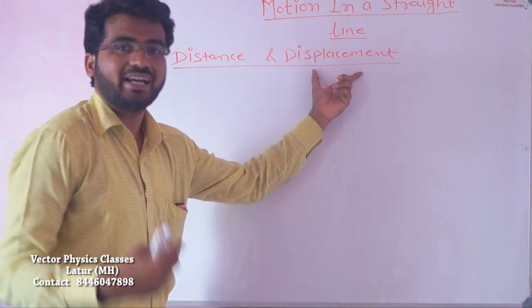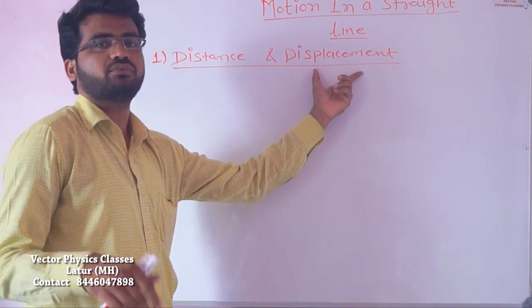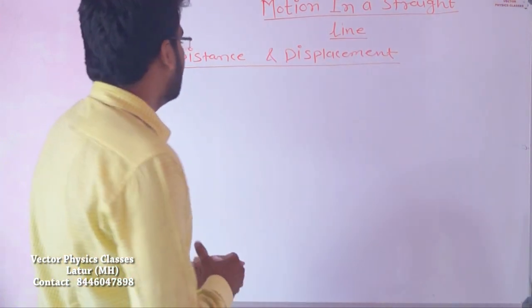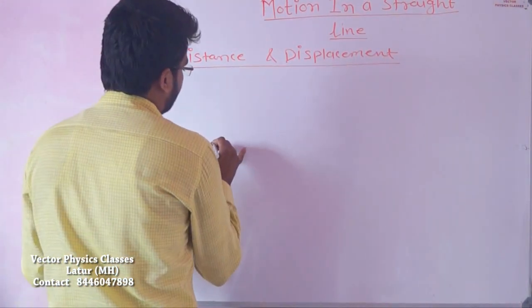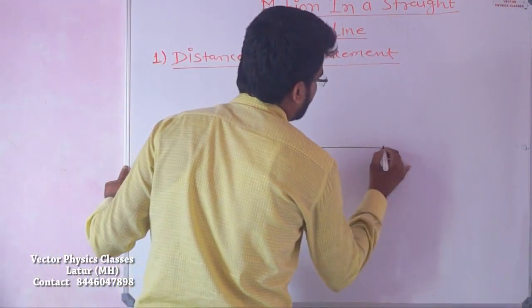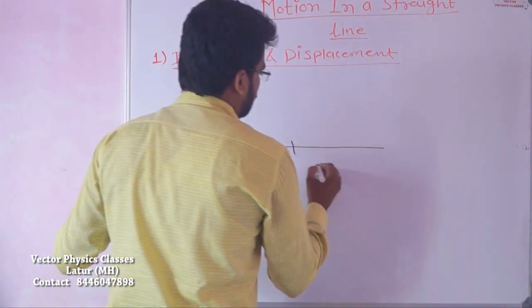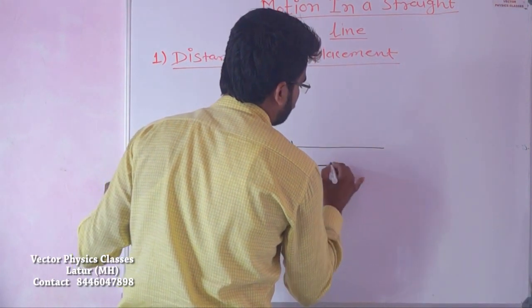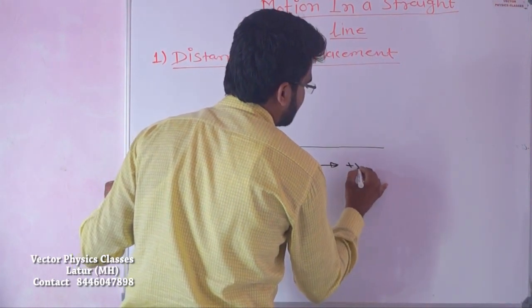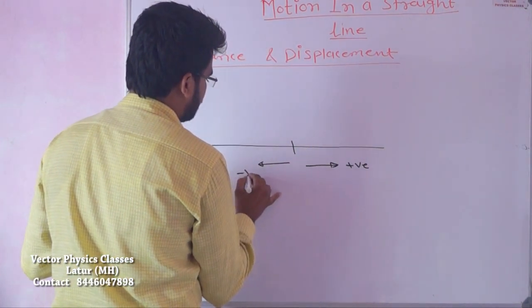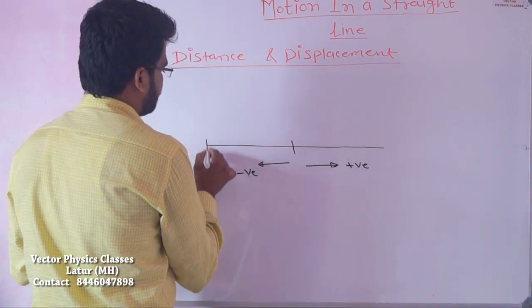If you wanted to define distance or displacement, we have to firstly define the reference frame. And over here I am defining the reference frame as, this is x-axis supposed to be, and this is positive direction of x-axis, and this is negative direction of x-axis.